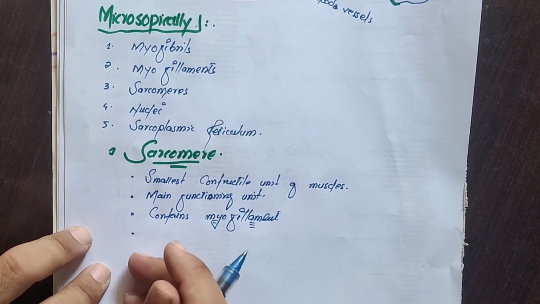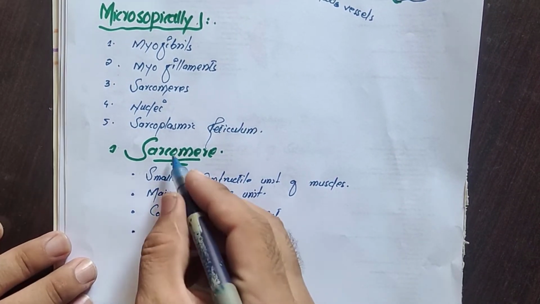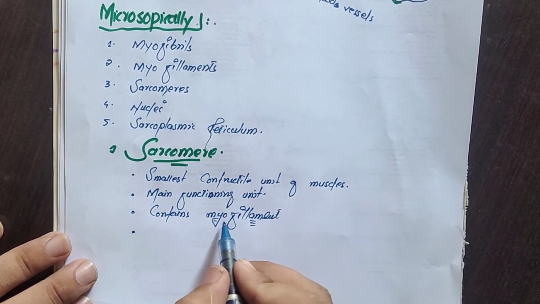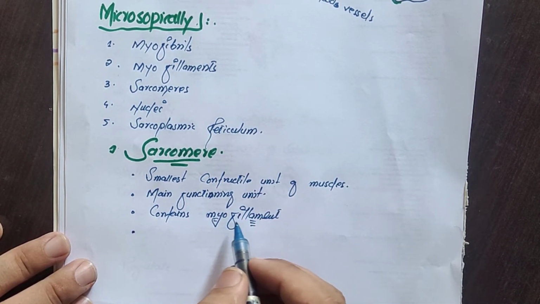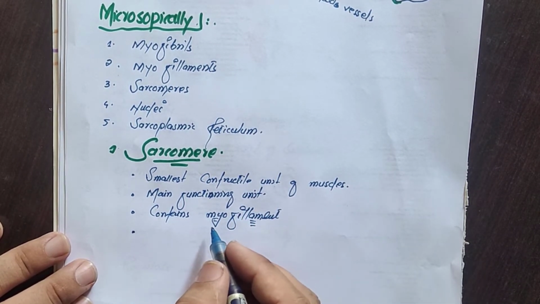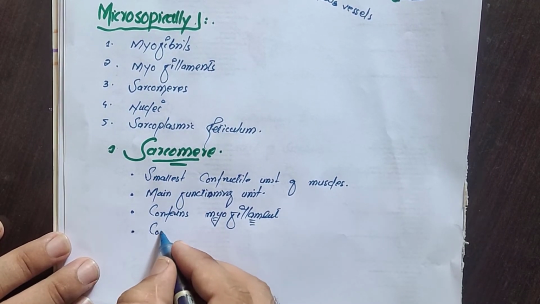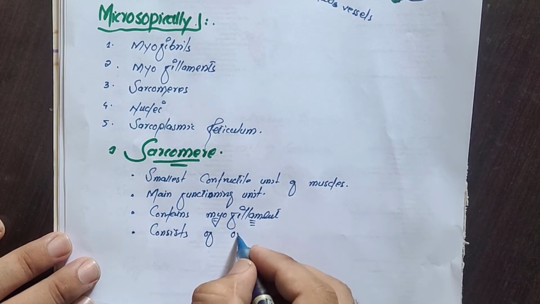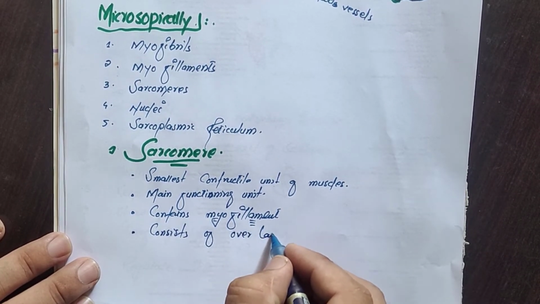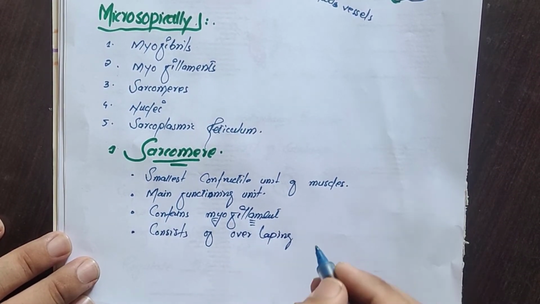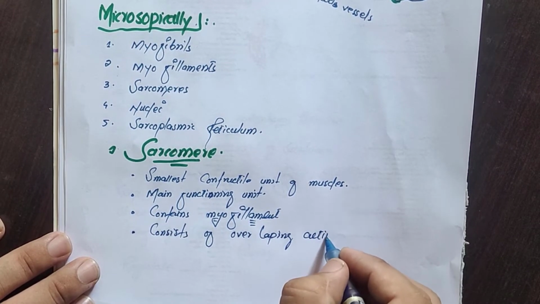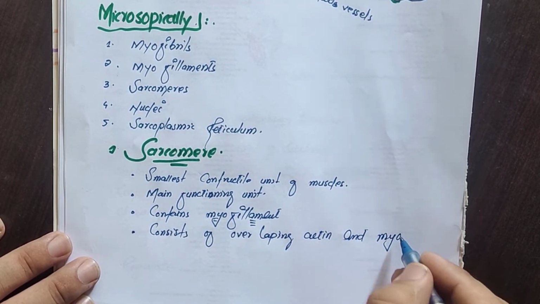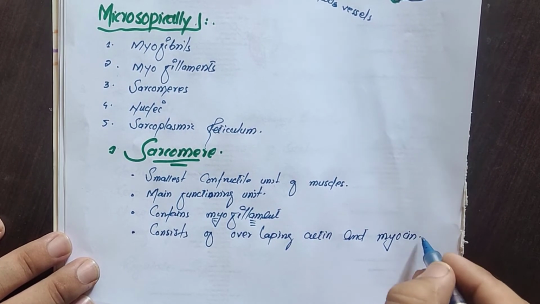Then the fourth thing in this sarcomere is that it contains the overlapping myofilaments which are called actin and myosin. So it consists of overlapping, means one above the other, actin and myosin filaments, right?